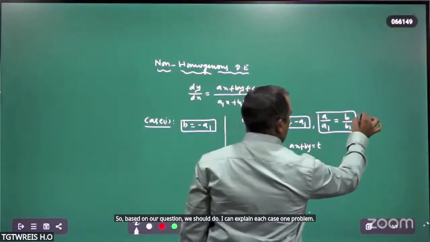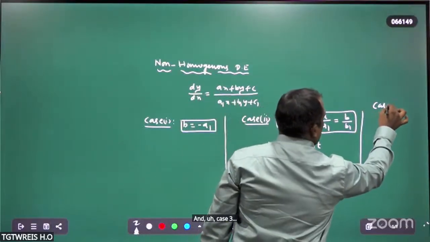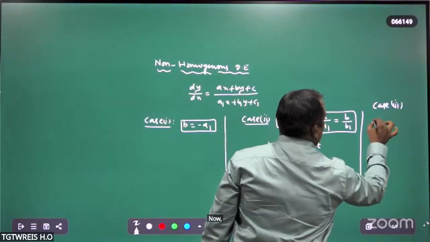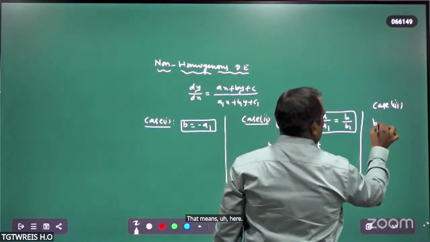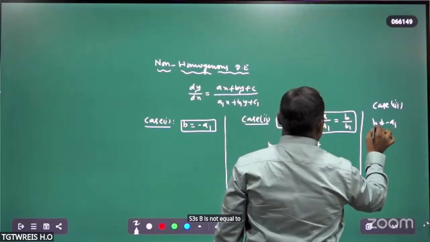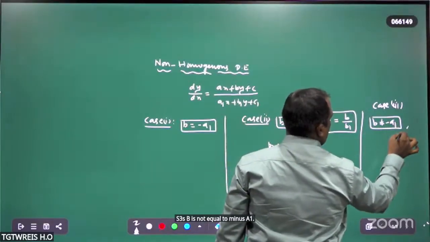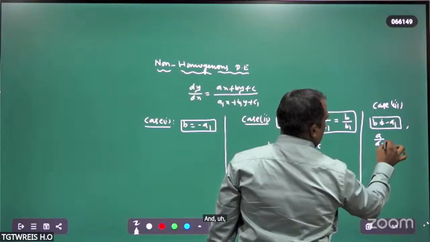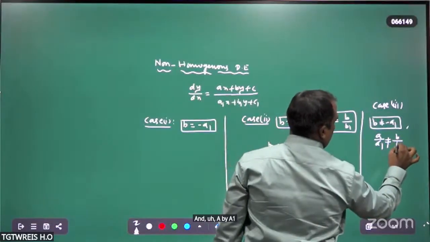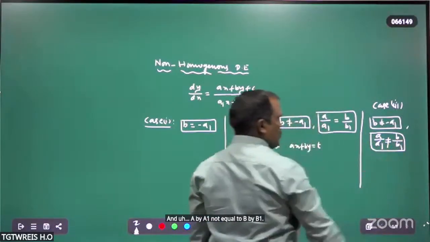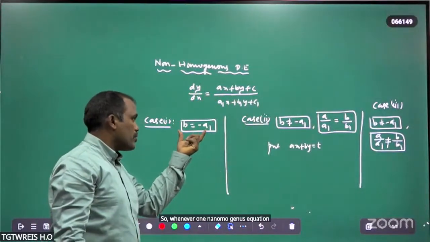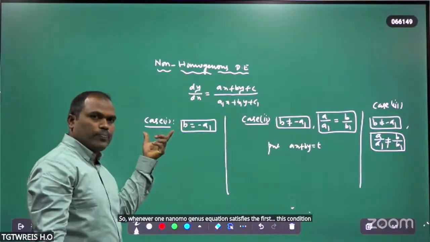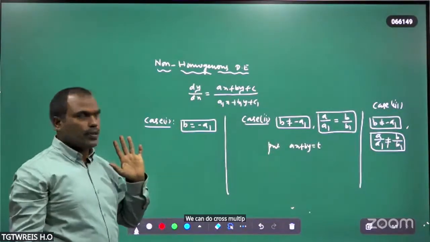And case three: b is not equal to minus a1 and a by a1 is not equal to b by b1. Whenever a non-homogeneous equation satisfies the first condition, that is case one, we can do the cross multiplication method only.